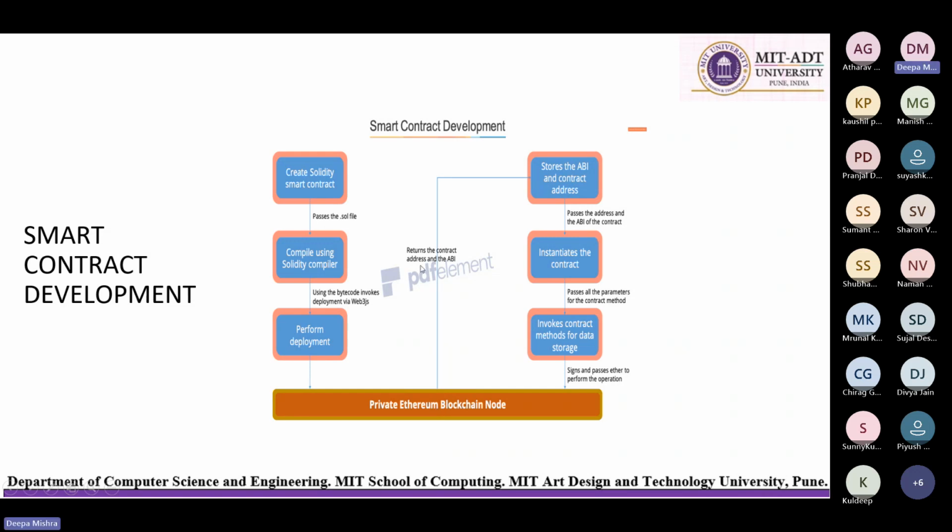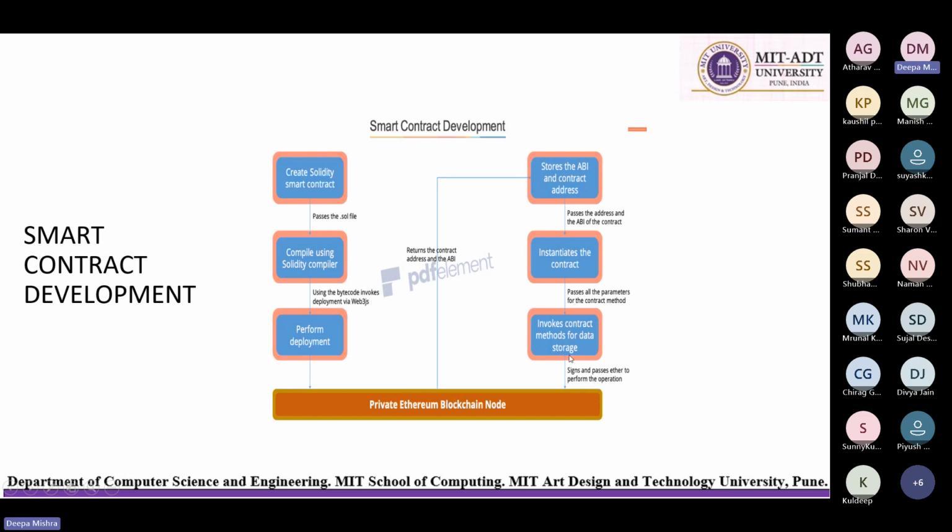Once it is deployed, the network returns the contract address and the ABI code. This ABI and the contract address get stored. Once you pass the address or the ABI code, it instantiates the contract, or it actually launches the contract. Then you pass all the parameters for the contract method. Once you have deployed the contract onto the network, you can interact with all the functions that you have written in the contract with the help of parameter passing, and then you can invoke the contract methods for data storage.